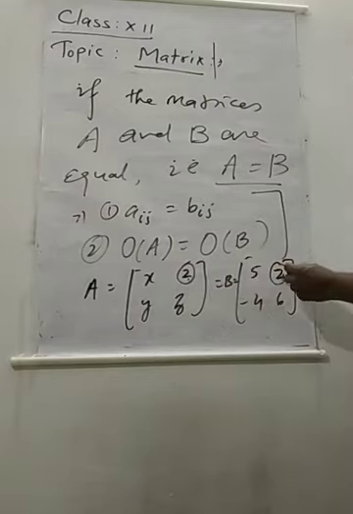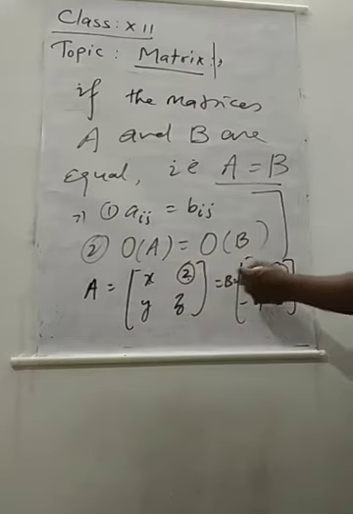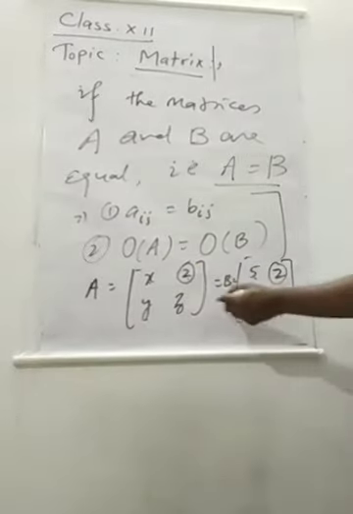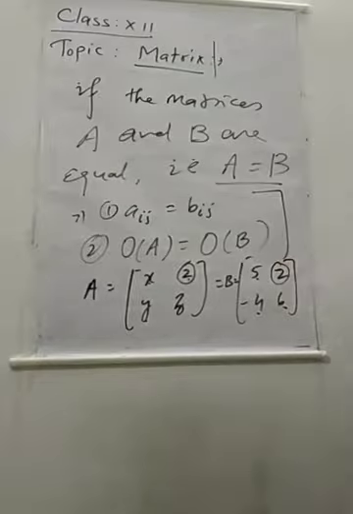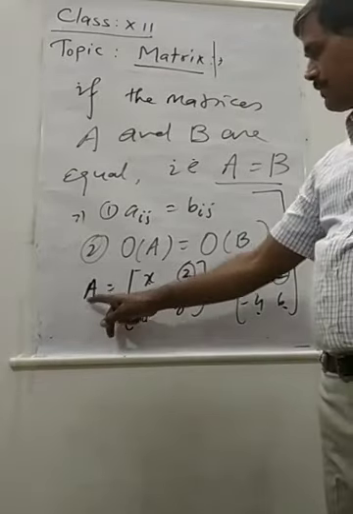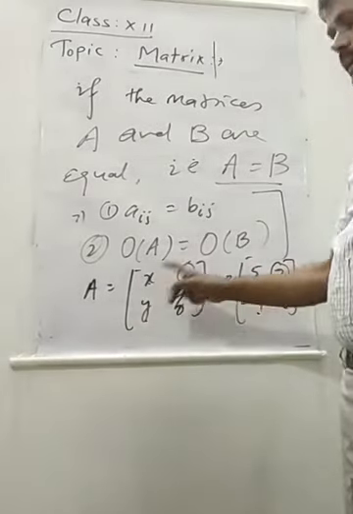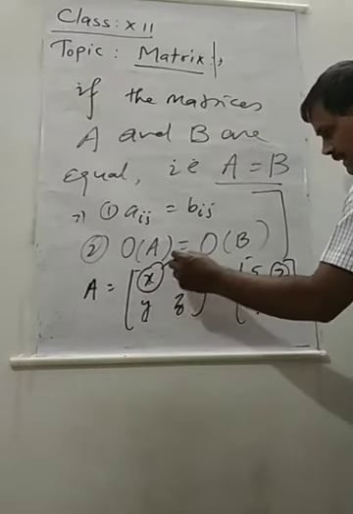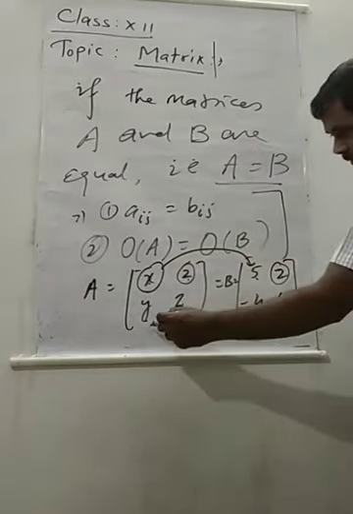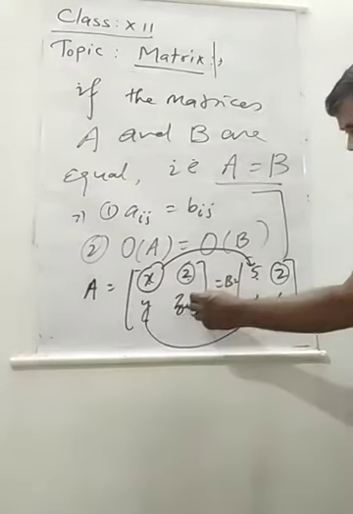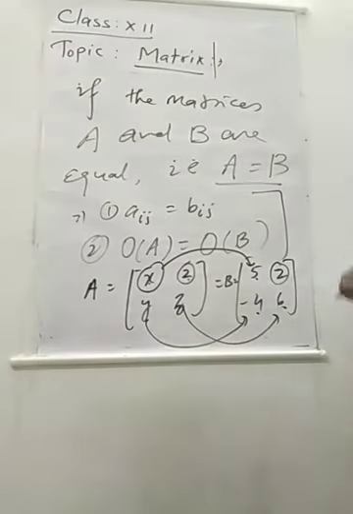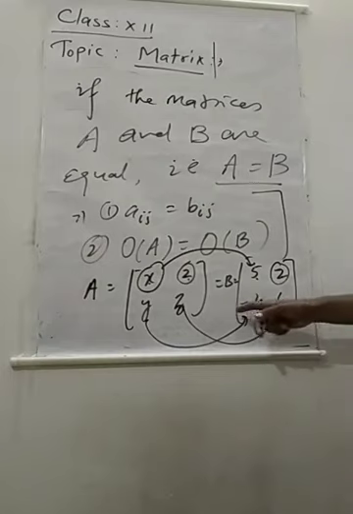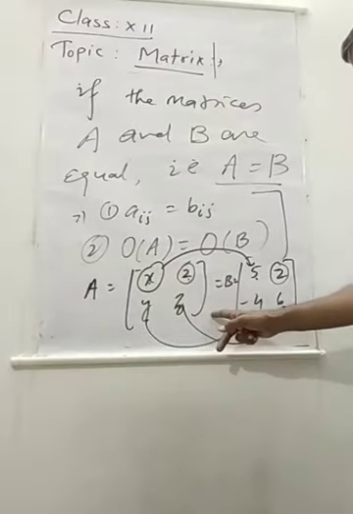Second place equal. X is equal to 5, Y is equal to minus 4, Z is equal to 6. This is the concept behind this. If two matrices are equal, each corresponding element must be equal. Children, I don't feel there will be any problem understanding this.